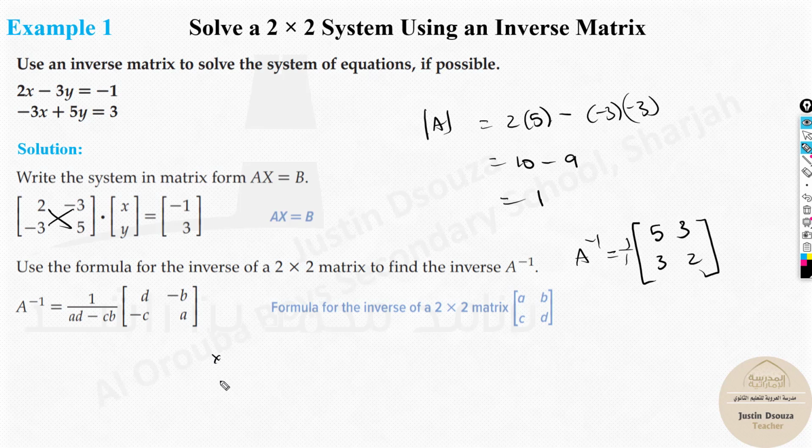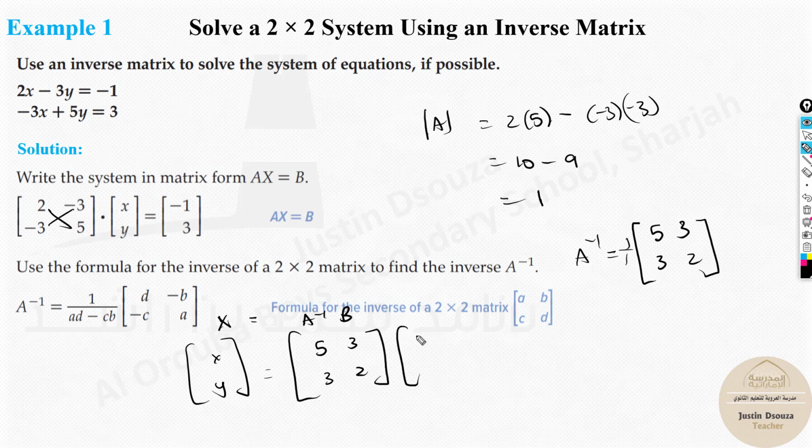Now to find x and y, you need to multiply. The variable matrix will be A inverse B. So multiply this with the matrix over here: 5, 3, 3, 2 is multiplied with negative 1 and 3. So how do you multiply this? I'll write it out over here.